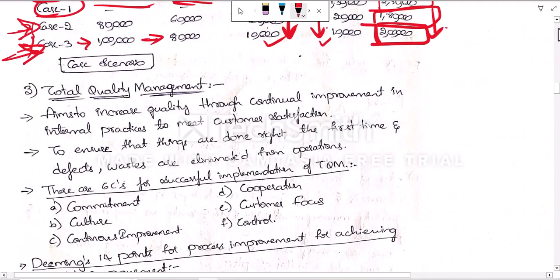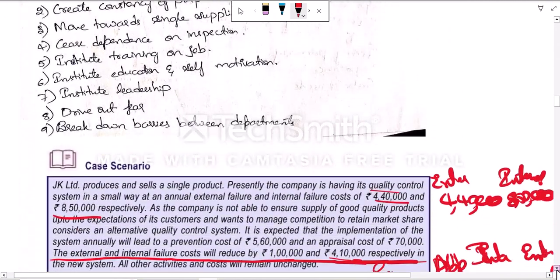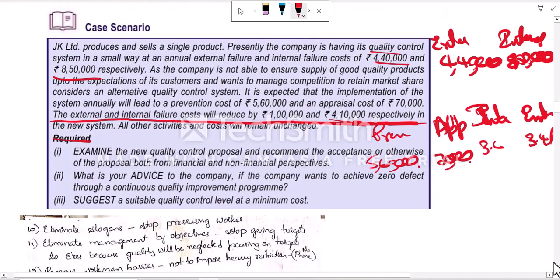From 8 lakh 50,000 it reduced to 4 lakh 40,000. All other activities and costs will remain unchanged.